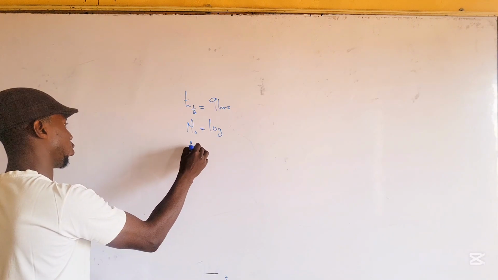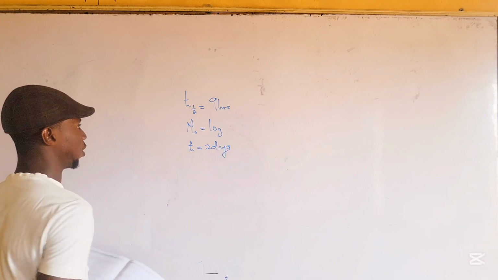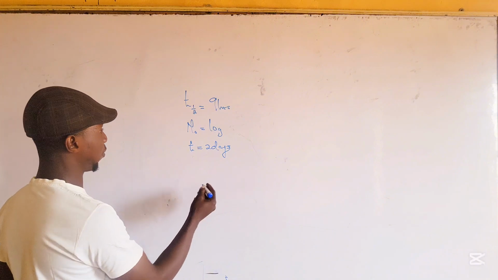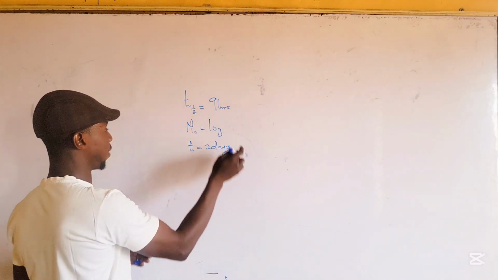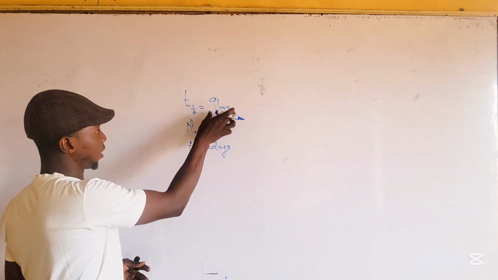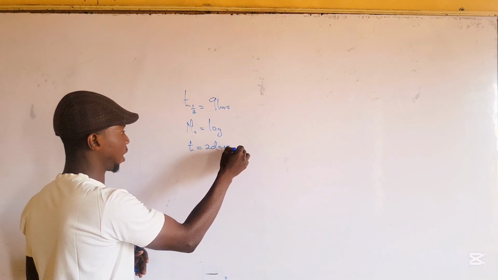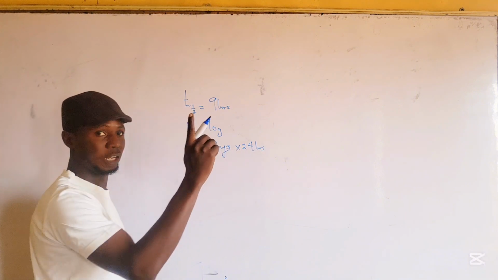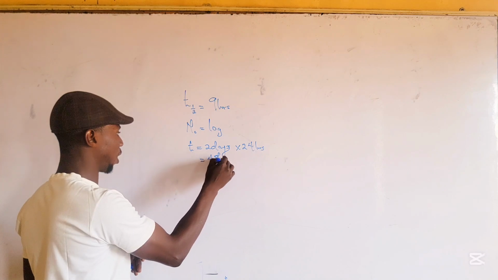Our t is equals to 2 days. It is advisable for us to convert t in days to hours, because our T half is already in hours, or you convert hours to days. But the easier one is for us to convert days to hours. Just multiply by 24 hours, because for a day we have 24 hours. For 2 days we are going to have 48 hours.